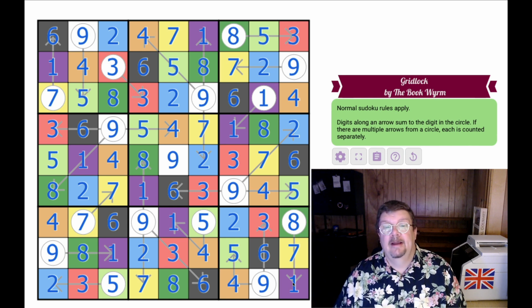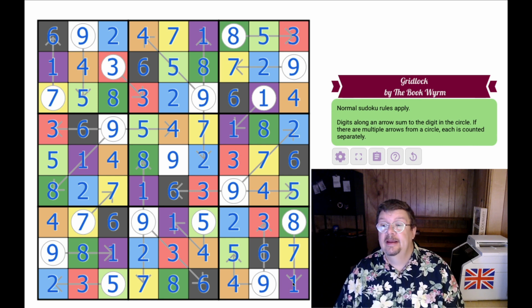Really loved it. Would love to see more puzzles of this quality, and if you'd like to submit one, details on how are in the description.